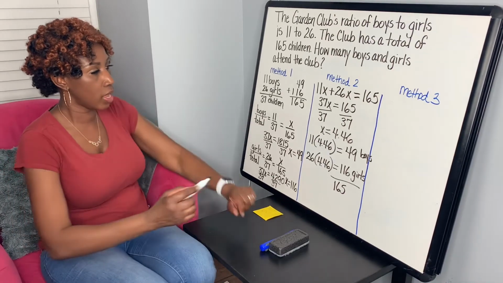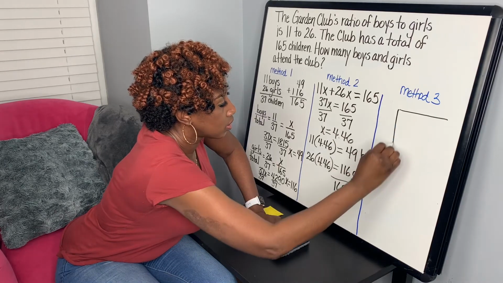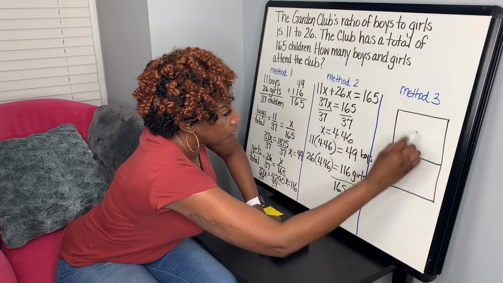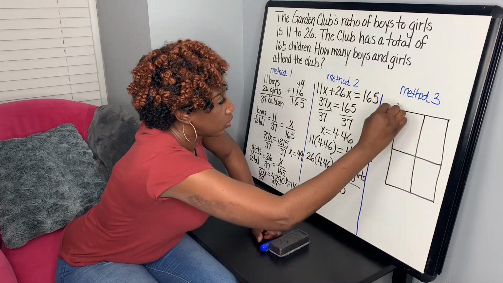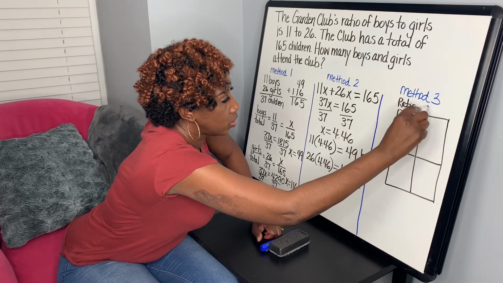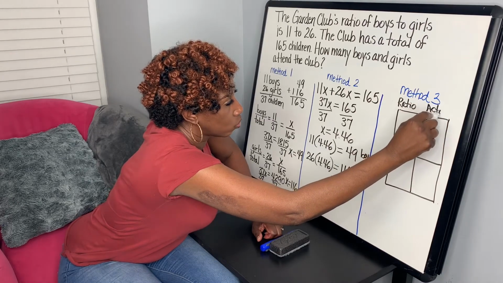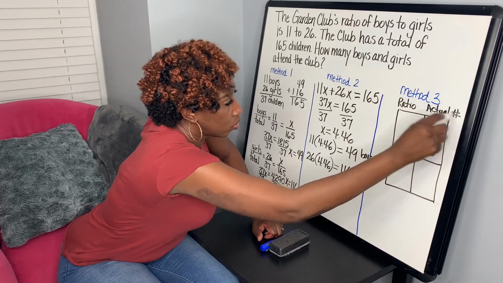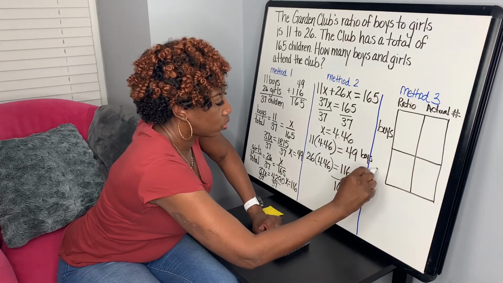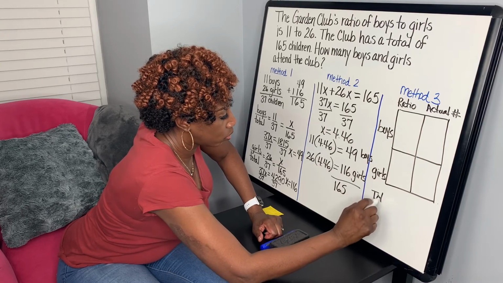For this way, I'm going to actually create a box. This is going to be my ratio, and this is going to be the actual number. Let's do boys and girls, and then down here, let's do a total.